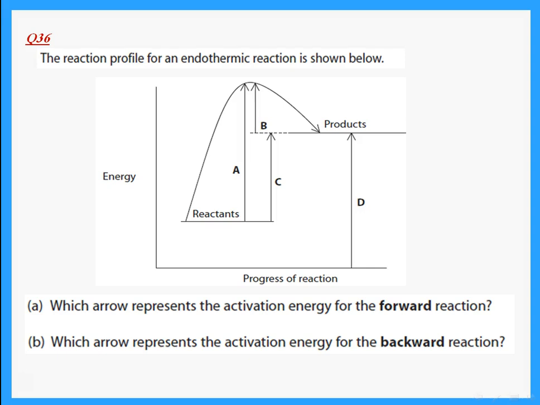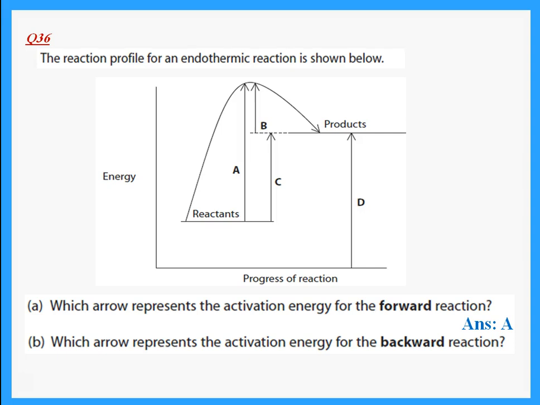This question says the reaction profile for an endothermic reaction is this. Which arrow represents the activation energy for the forward? Remember, forward means I'm going from these reactants to the products, and the activation energy is the difference in energy between the reactants and the top. So A would be the activation energy for the forward.